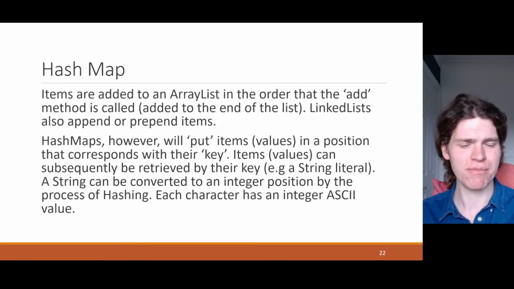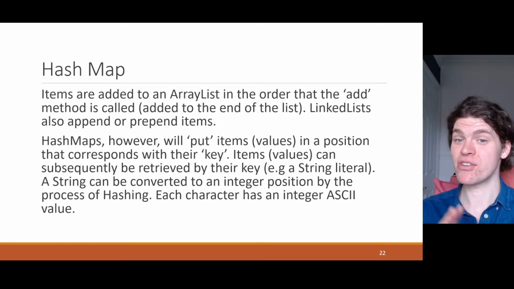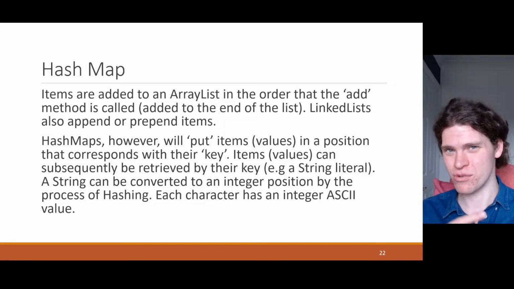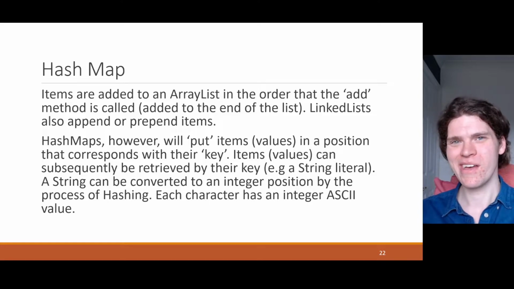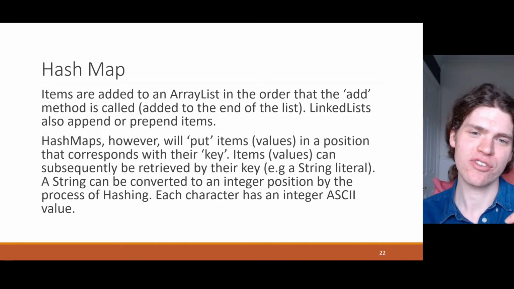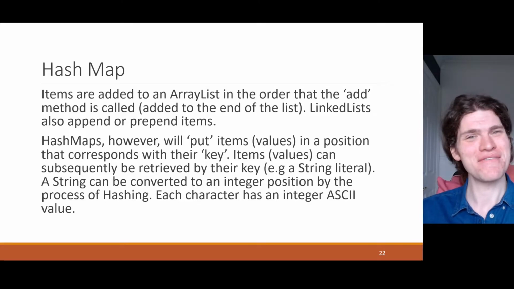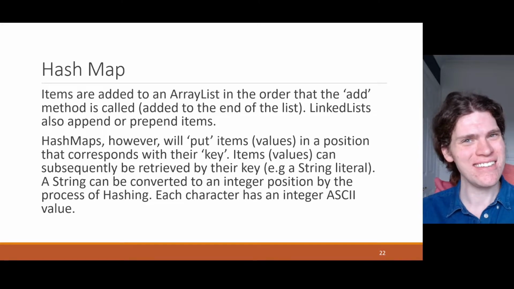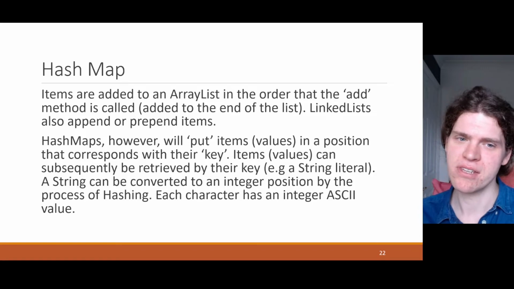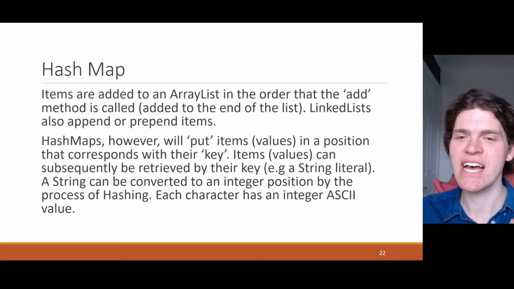So with a hash map, we can convert string data by a process of hashing, the conversion from string or characters to numerical values, so that we can search the collection via a string rather than the integer index position. Okay, so the process of hashing is the conversion between a character and a number.